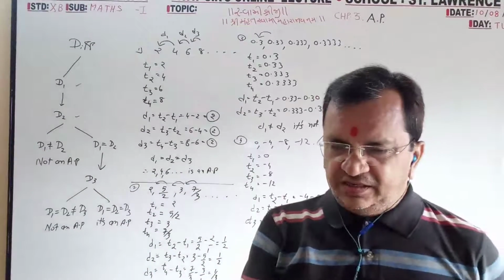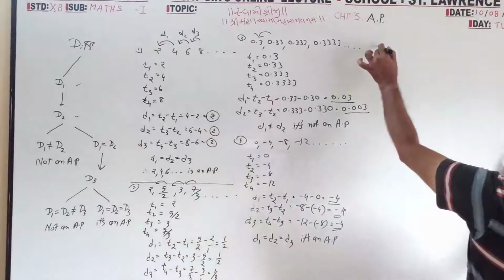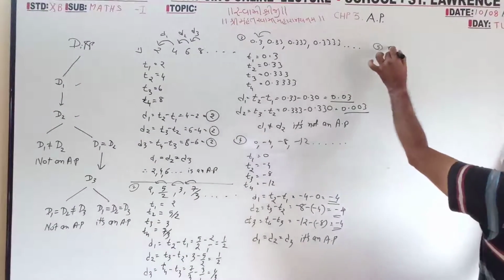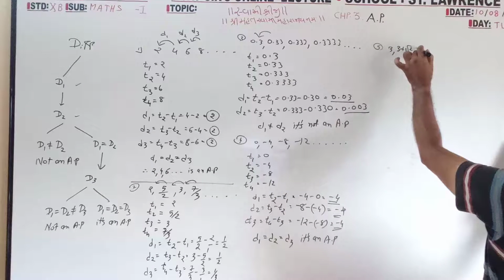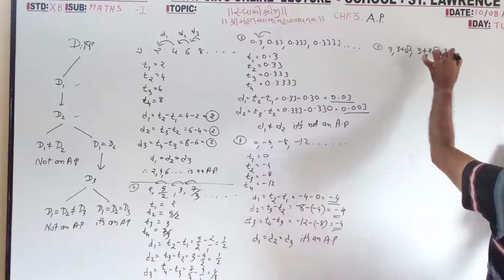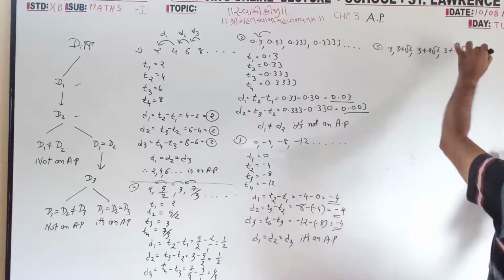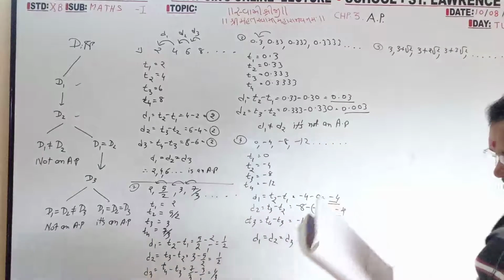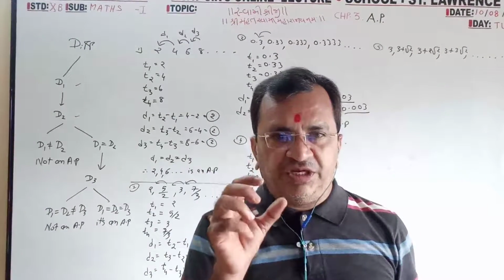Now we will take under root. 3, 3 plus root 2, 3 plus 2 root 2, 3 plus 3 root 2. See, it's a rhythmic pattern, only 3.